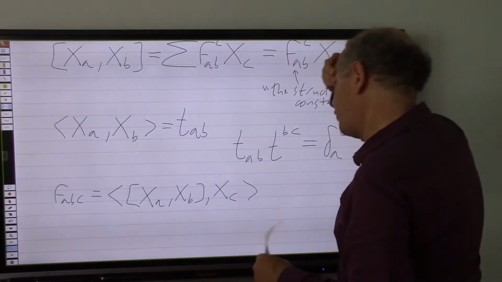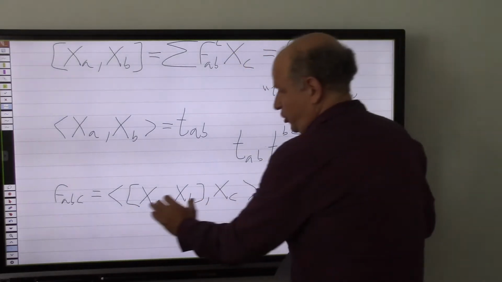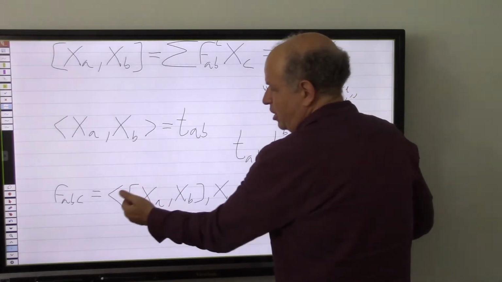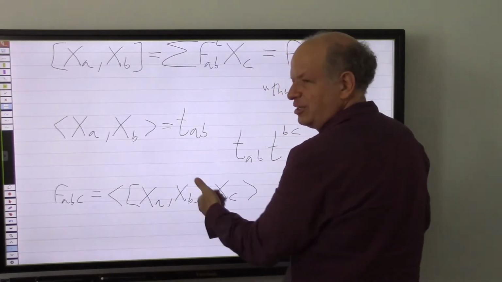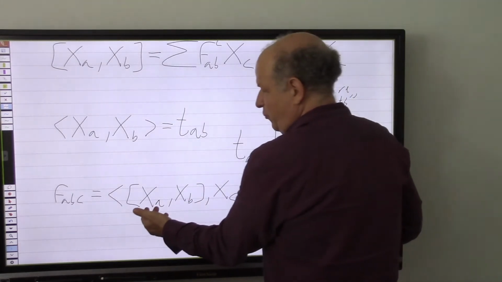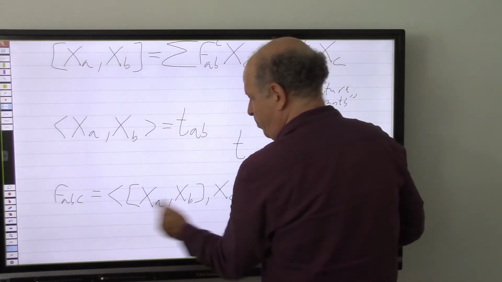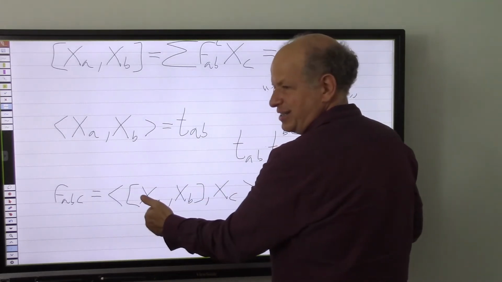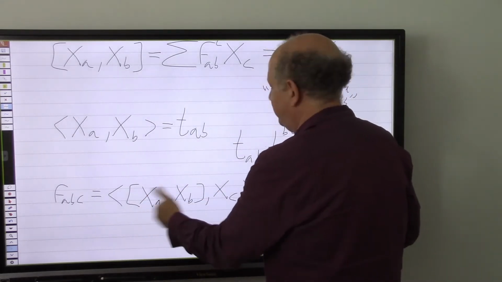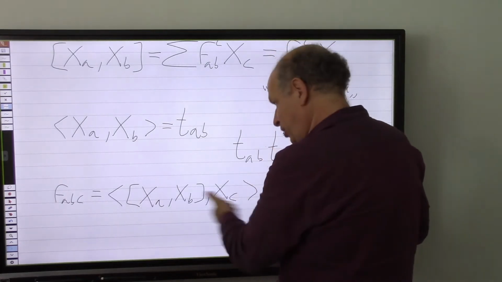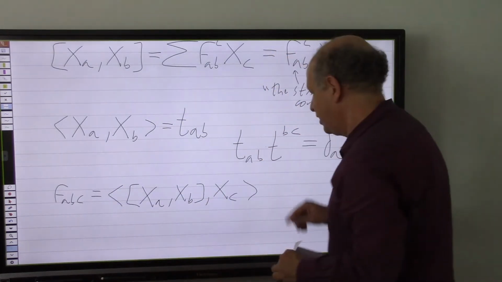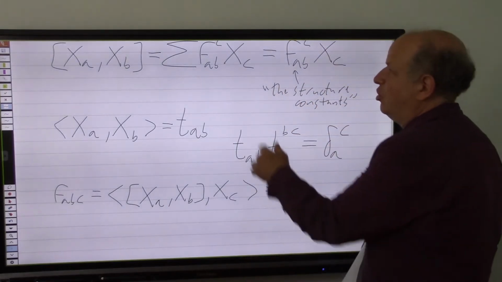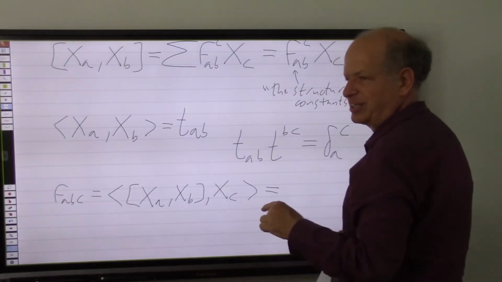So I have two things to say about it. First of all, assuming the metric, this completely determines the Lie algebra, because if you know the inner product of a bracket with any vector, you also know what the bracket was. I can also write it in terms of the old structure constants.